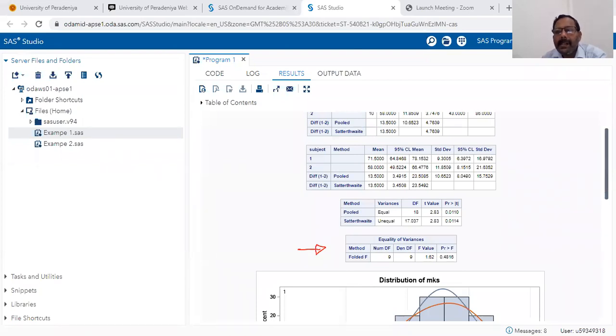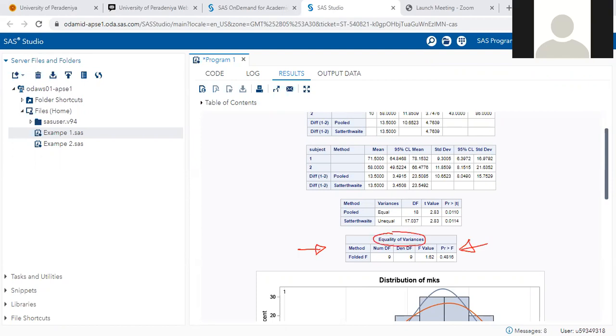Anyone? No one. F is 0. Yes, Vaishnavi, what is that? Fourth table. ANOVA. Not really, ANOVA.